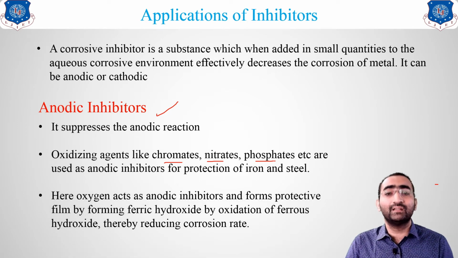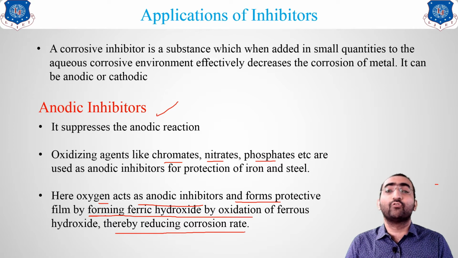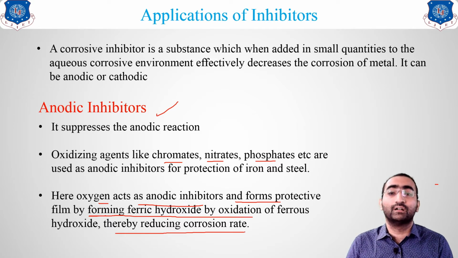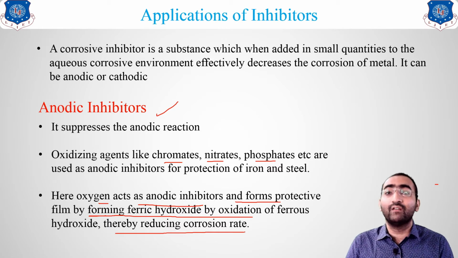What is the main principle behind this? Here we take oxygen as an anodic inhibitor, and we form a protective film of ferric hydroxide by the oxidation reaction, thereby reducing the corrosion rate. So whatever oxygen we introduce, with the help of that anodic inhibitor, will form a layer.